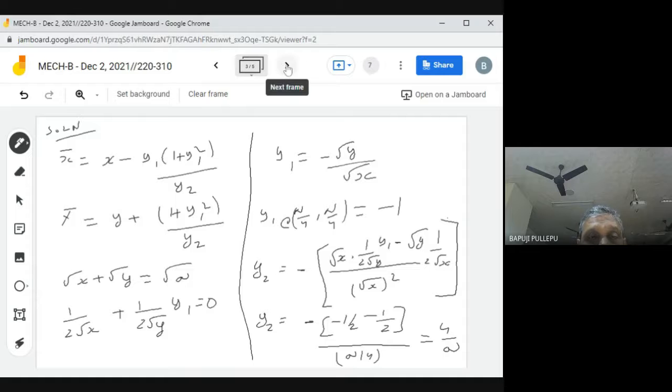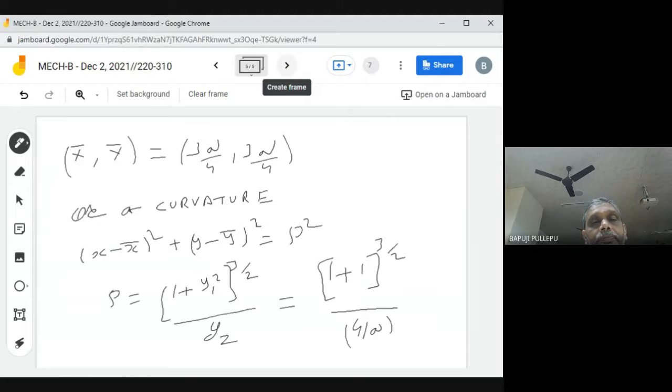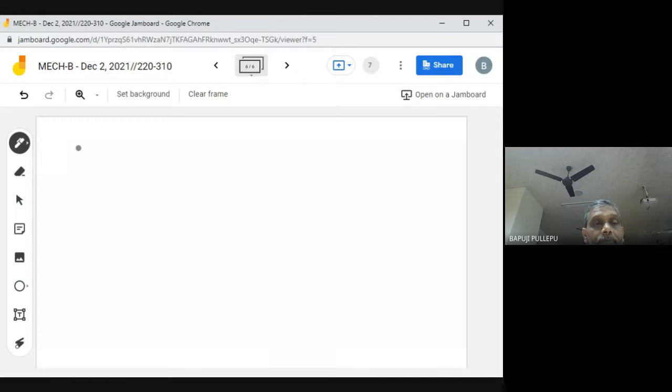So if you simplify, this is 2 power 3 by 2 divided by 4 by a. So rho is equal to 2 root 2 divided by 4 by a. That is equal to what? 2 times will go, again root 2 times will go. So a by root 2.